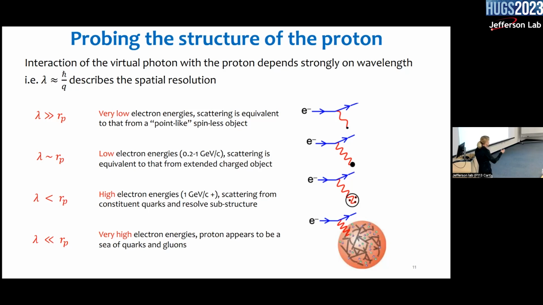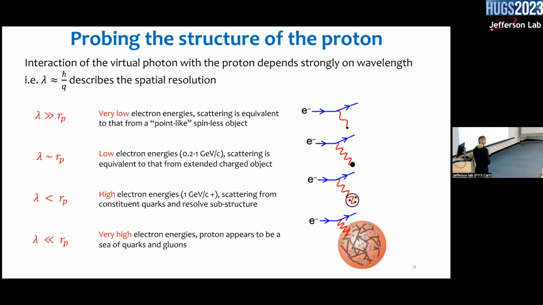When we have a really big wavelength, very low electron energies, then we're basically looking at a point-like object, which the proton is not, but we know that now because we can start to increase electron energies. As you increase the energy, the scattering is equivalent to that coming off of an extended charge object. So not point-like, but there's some swimming around of charges in this distribution, right?